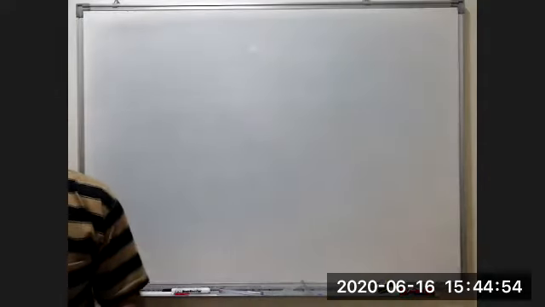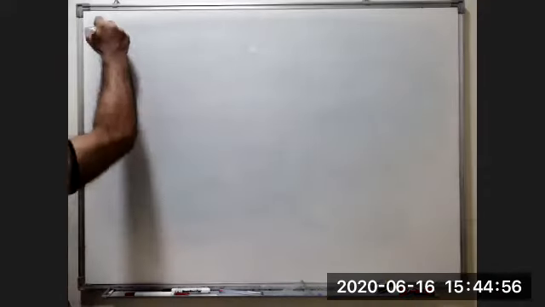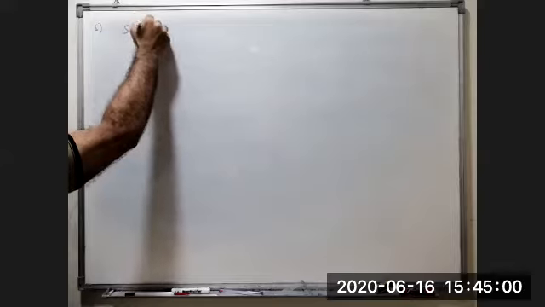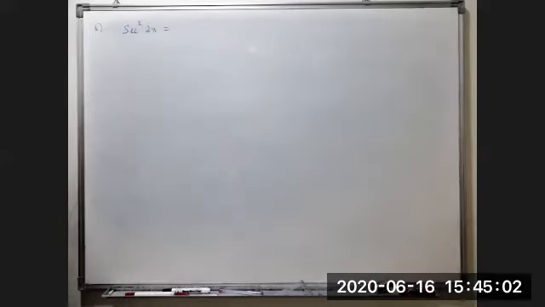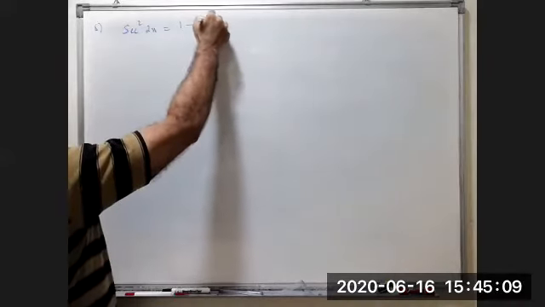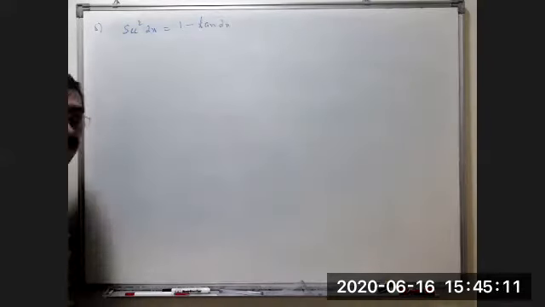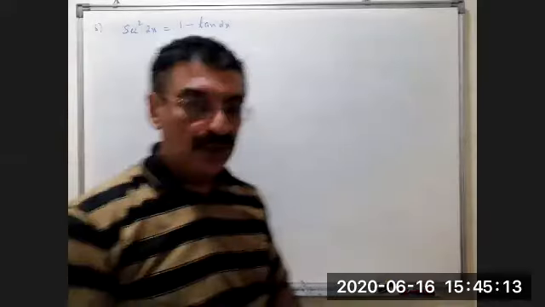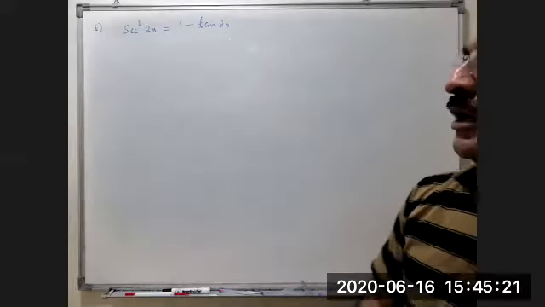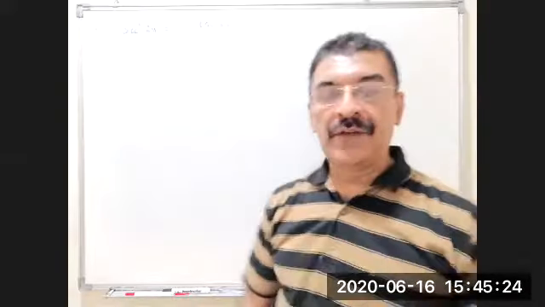Now question number 8. Solve sec squared 2x is equal to 1 minus tan 2x. We know that we have trigonometric equations in sine, cos, and tan.